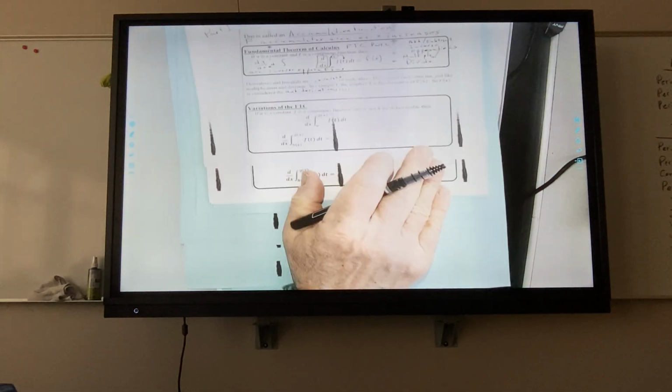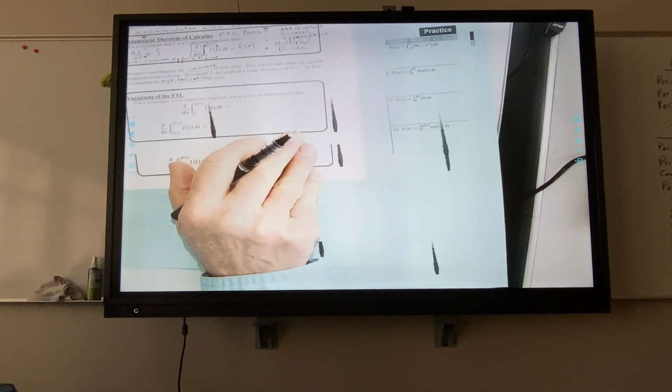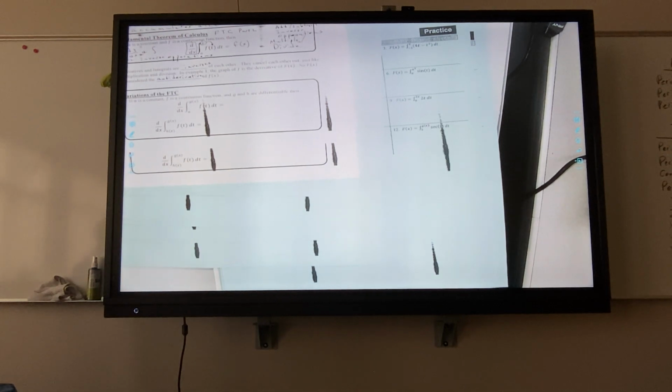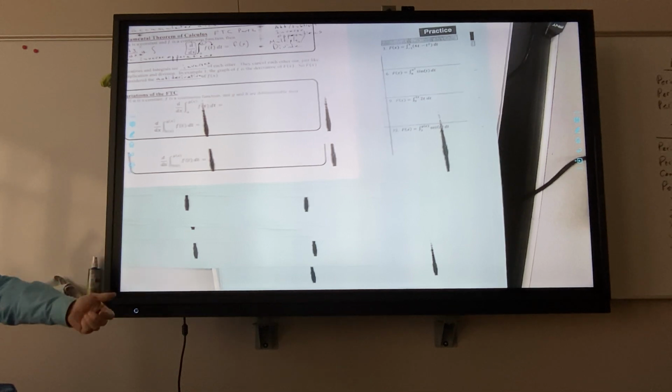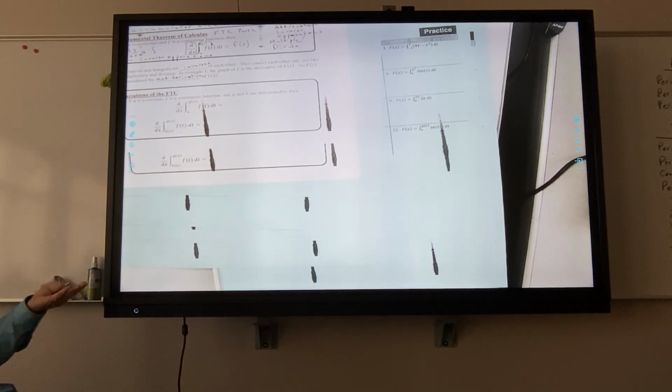So, what I mean by that is if you have a derivative, it came from something, correct? It came from a function. Like, if I have x cubed, and Tyler, I asked you the derivative of x cubed, you would tell me it's 3x squared. Everybody agree with that? Where did 3x squared come from? x cubed.